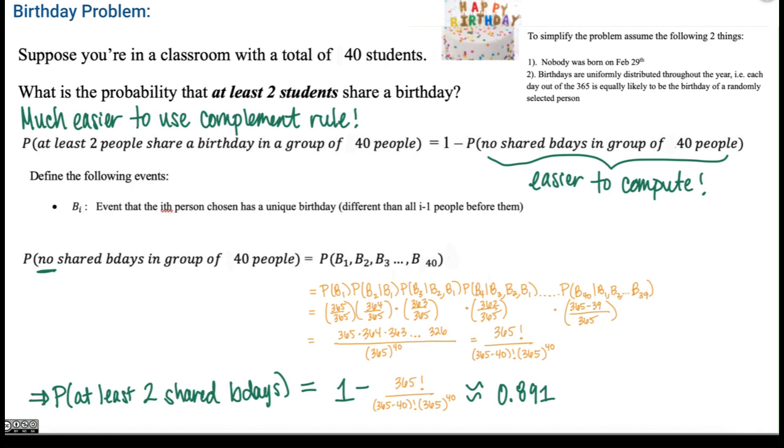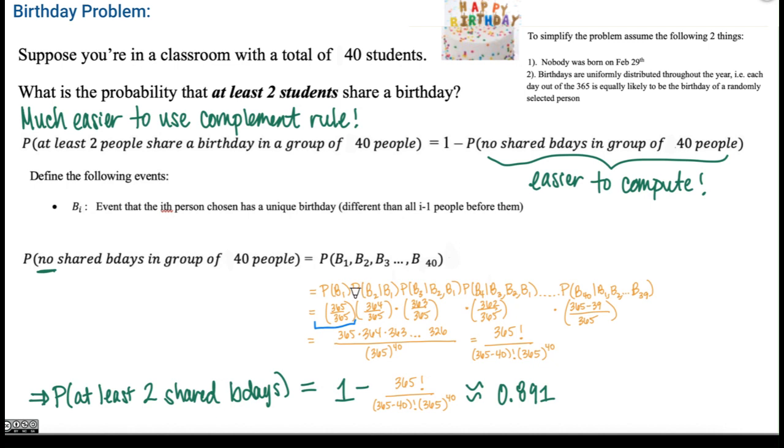First, we're going to think it's much easier to calculate the probability of no shared birthdays in a group of 40 people. And then I can think, all right, well, I asked the first person, what's your birthday, right? And I then calculate what's the probability that person has a unique birthday. Well, that's definitely a probability of 1. The first person I choose, so that's a unique birthday.